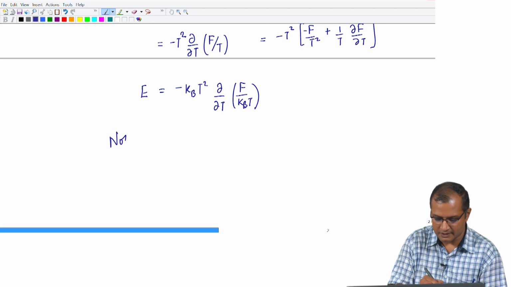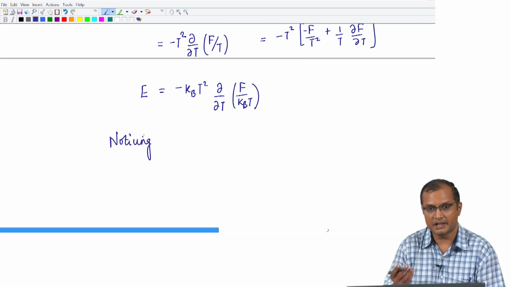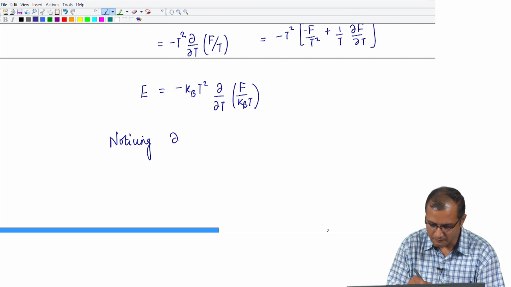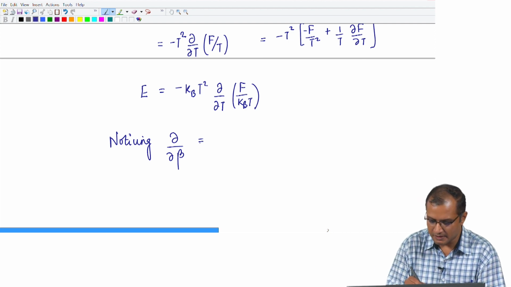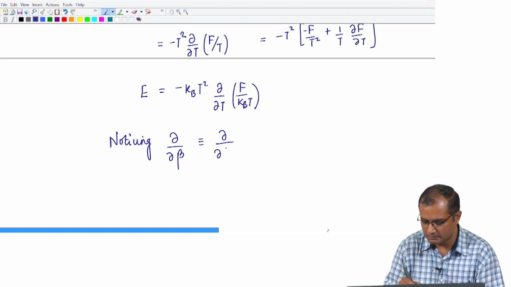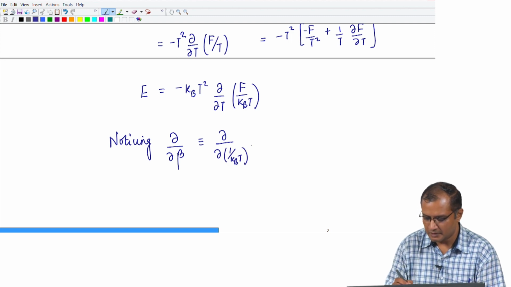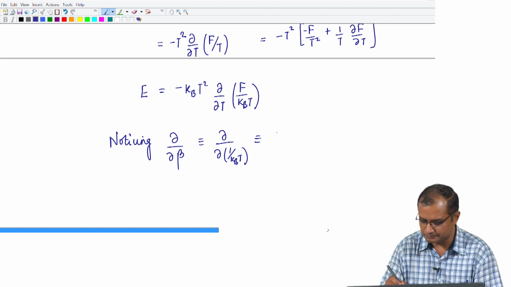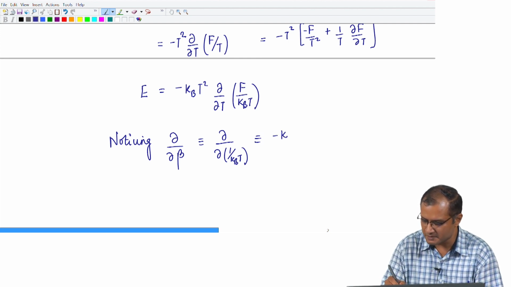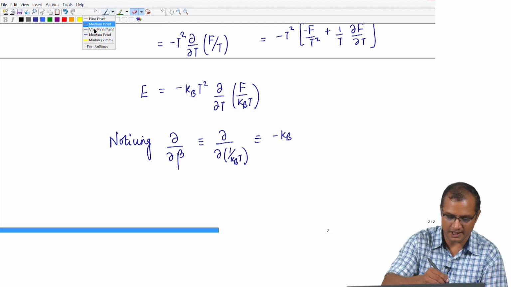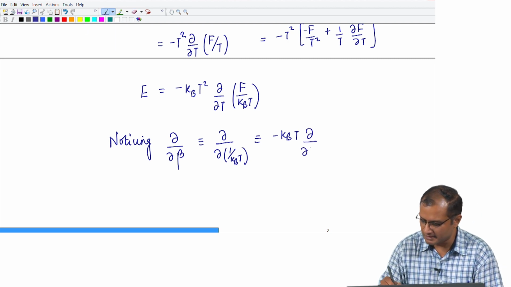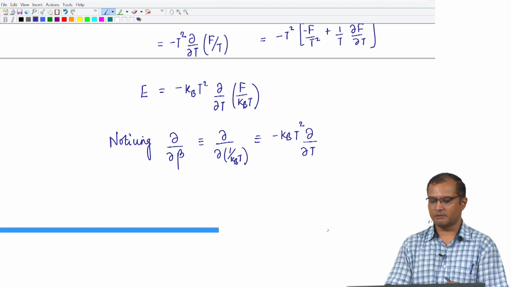And noticing that I can compute a derivative with respect to beta and convert into derivative with respect to T by simply saying that d over d beta, with beta being 1 upon kBT, I can take a kB upstairs, but a minus sign will incur, and this will become minus kB T square into d by dT.